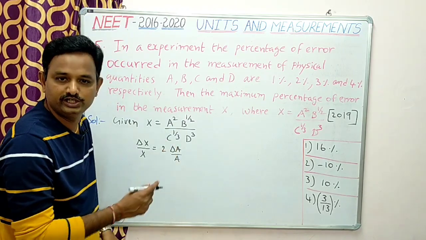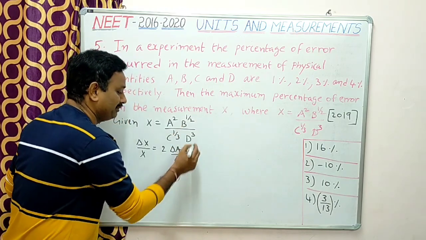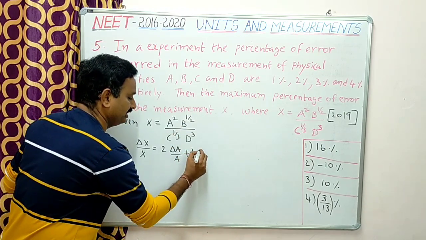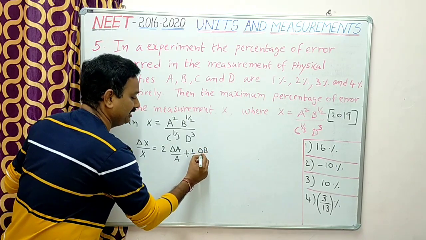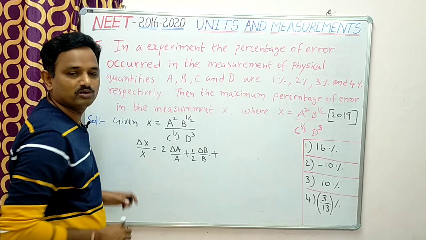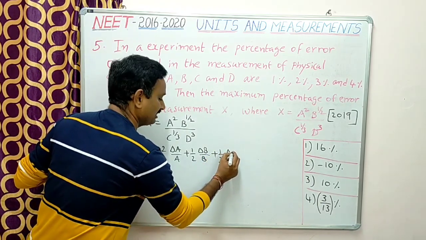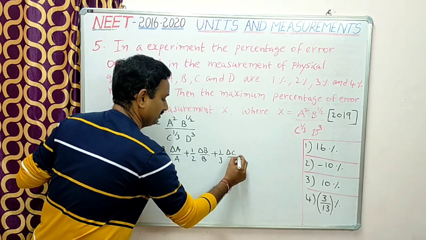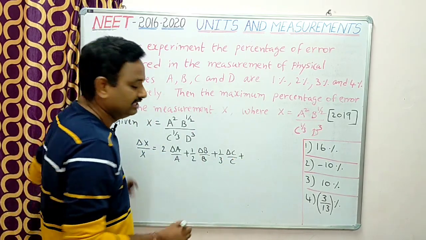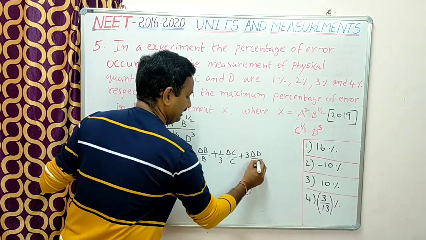Next, plus B power 1 by 2 means 1 by 2 into delta B by B, plus C power 1 by 3 means 1 by 3 into delta C by C, plus D cube means 3 into delta D by D.